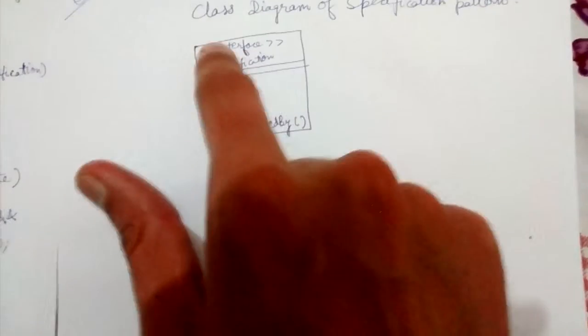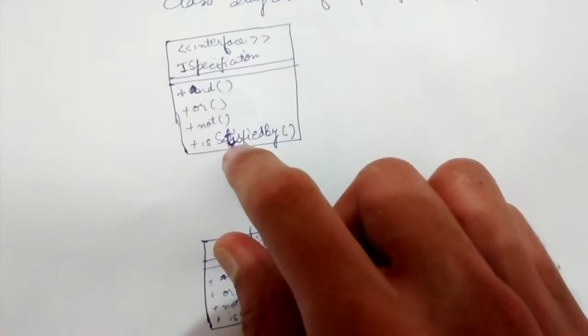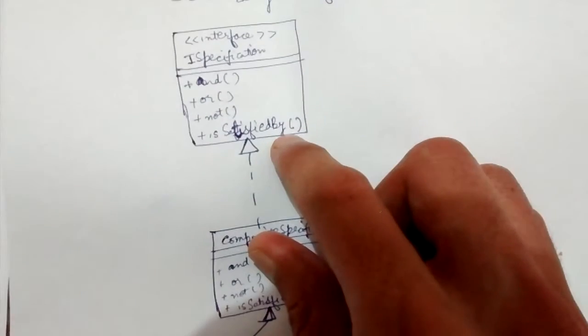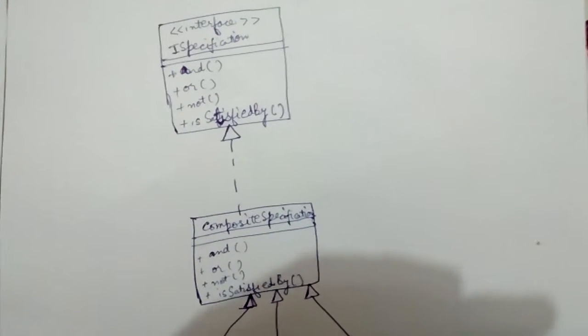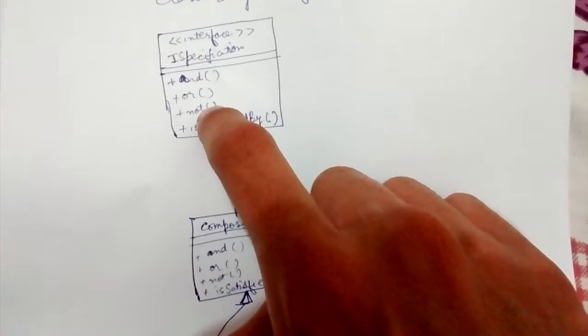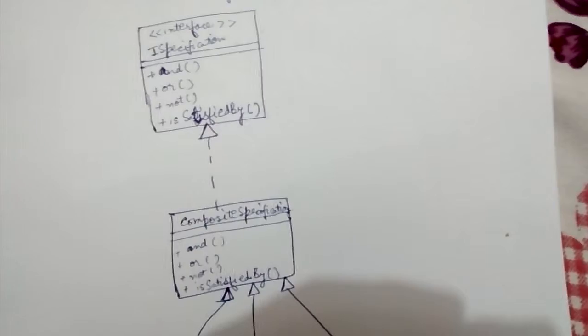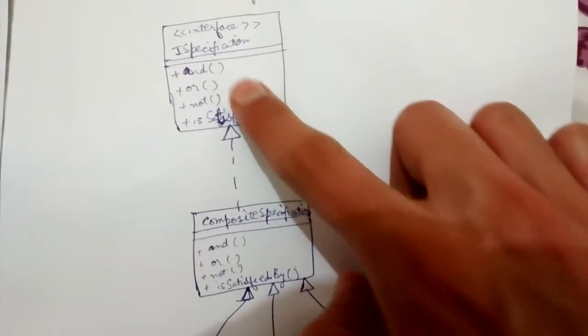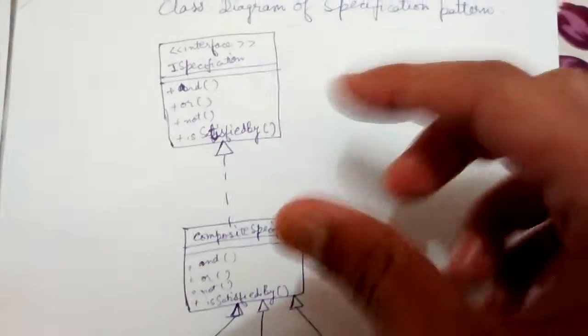So this is the class diagram. On the top is the ISpecification interface. It's defining these four methods. One is isSatisfiedBy, which says whether the business rule is being satisfied or not. The other three methods, and, or, not, basically provide the chained business rule object.